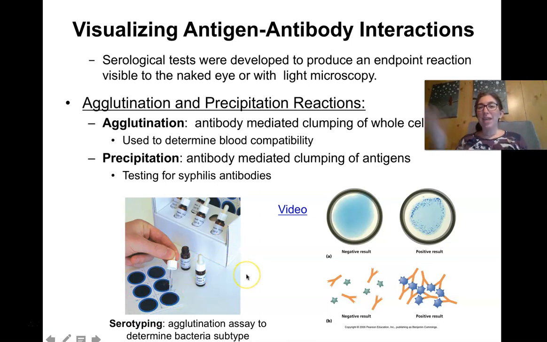You are using antibody and antigen, and if they are a match, then they'll clump together and you'll be able to see this sort of precipitate or clumping. And it's due to antibodies recognizing antigen or cells and causing them to clump together because they're all cross-linking. We use this a lot for Salmonella testing and for strep testing.